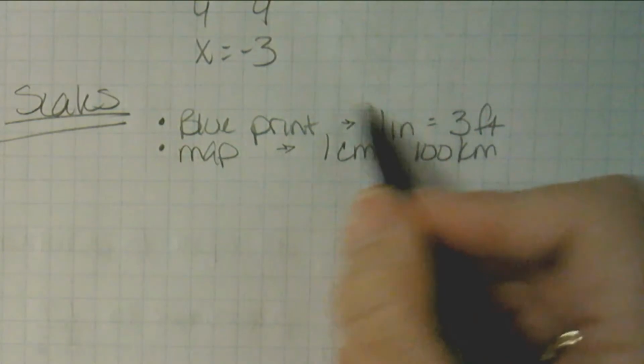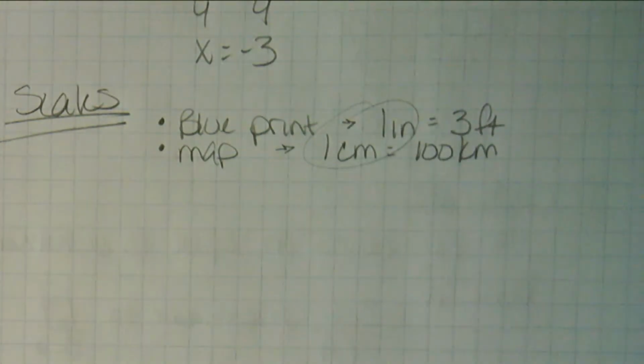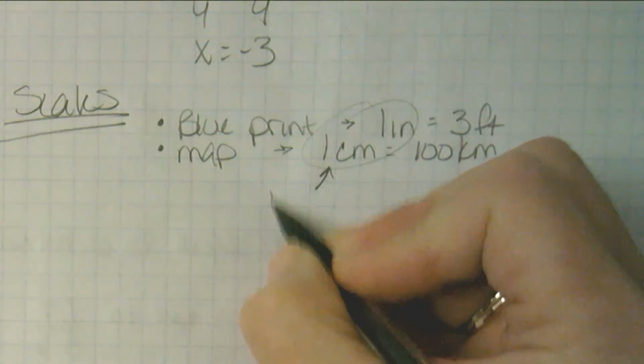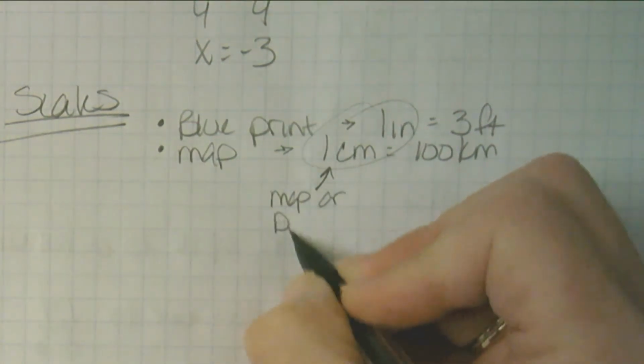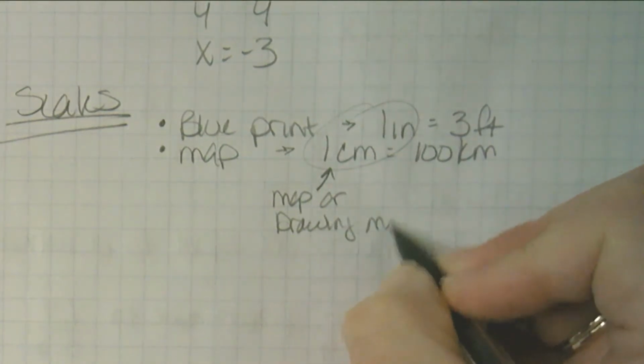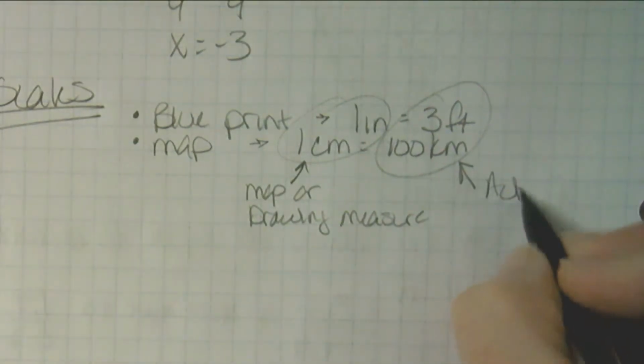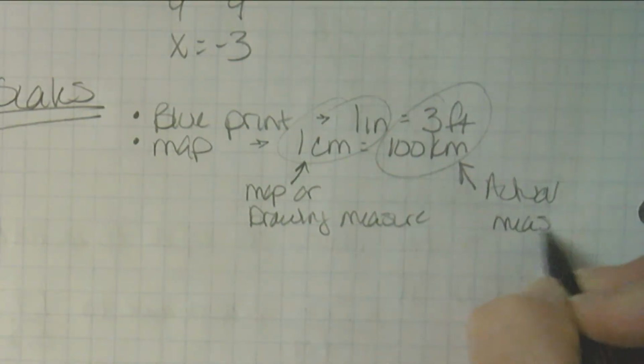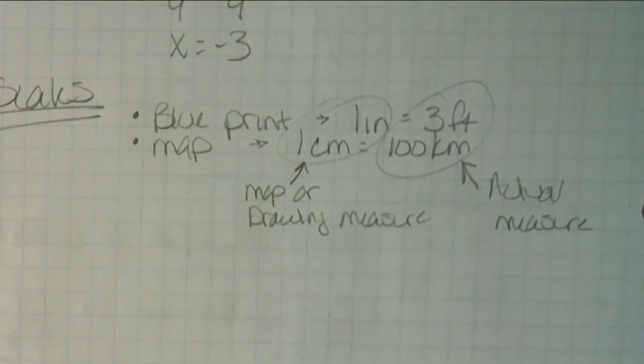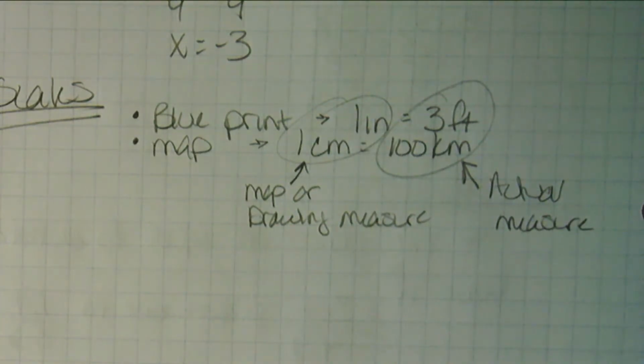Typically in a scale, we have a 1, this is the map or drawing measure. All right, and then we don't have 1 usually. It's some other number as our actual measure. It is possible that someone may say to you on a drawing 2 inches equals 9 feet. Right, you can come up with a scale for there. You could use that. Scales typically have 1 as their map or drawing measure.